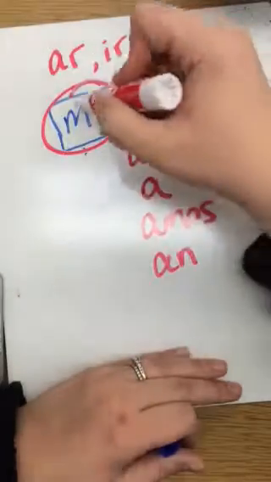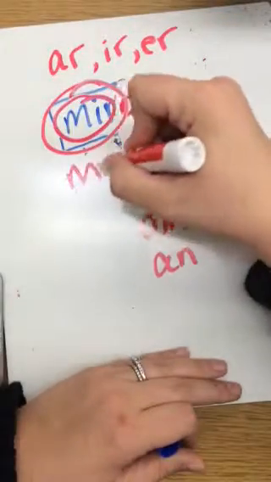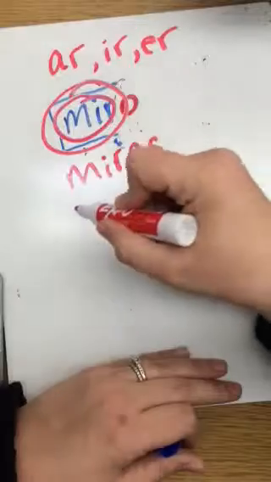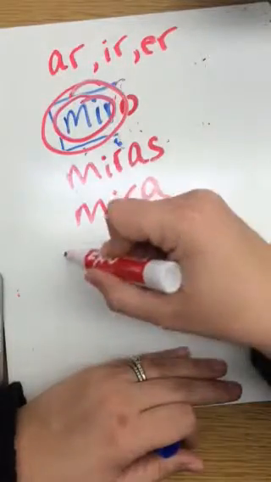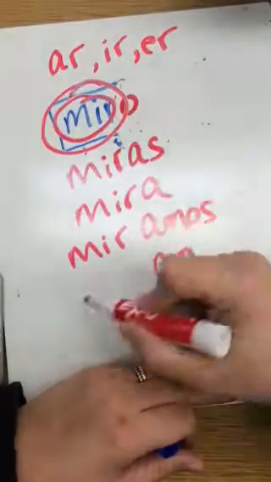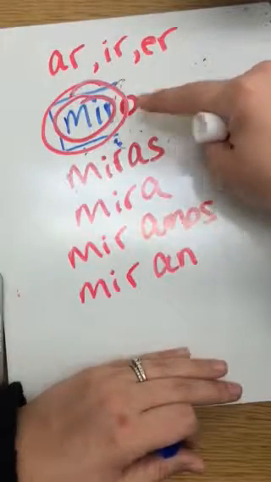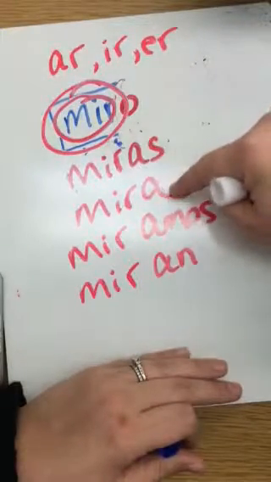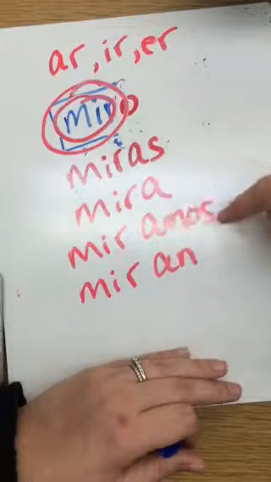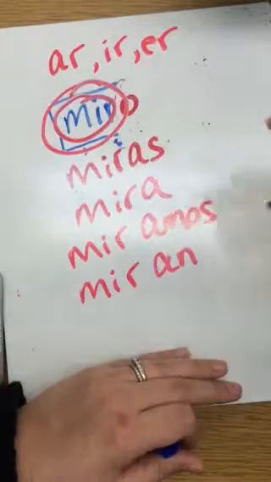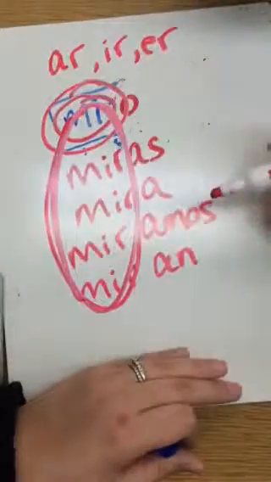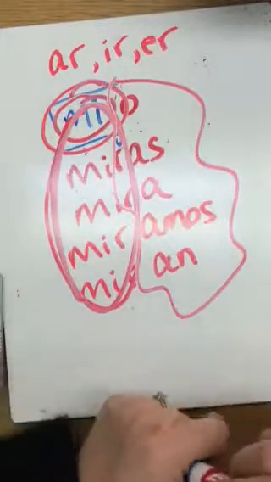I'm just going to carry the same stem on down because remember, this means look or watch. So miro, miras, mira, miramos, miran. I watch, you watch, he watches, she watches, we watch, they watch. So once again, this part tells us what action is being done, and these little endings tell us who is doing that action.